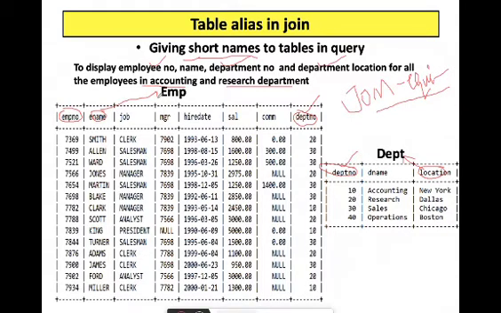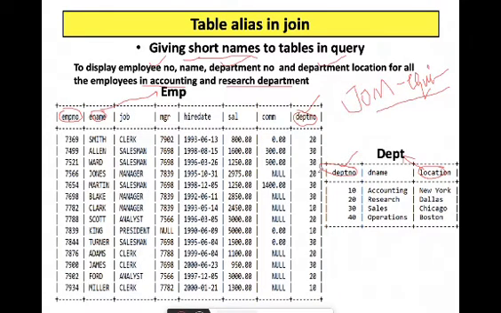And there is another condition: for all the employees in accounting and research, after putting the join, you have to filter. After joining each row of this table with the matching row of this table, department number 20 here will be matched with this 20, this 30 will be matched with this 30.